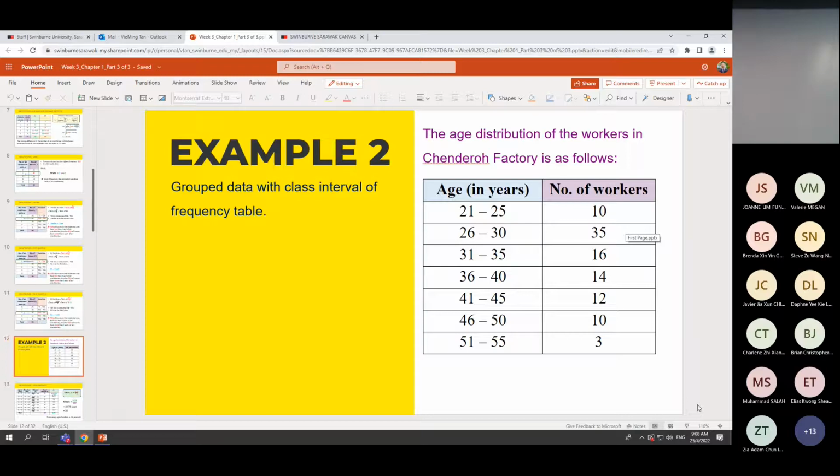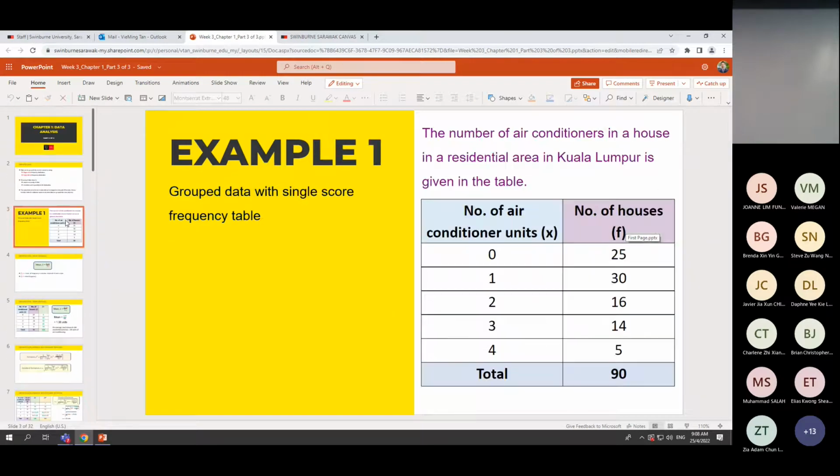Today we're going to focus on grouped data, which involves two formats: one is the class interval format, another is the single score frequency table format, which is this one. I'll start with this simple one, the single score frequency table. How do we calculate the descriptive statistics such as the mean, mode, median value, or standard deviation?